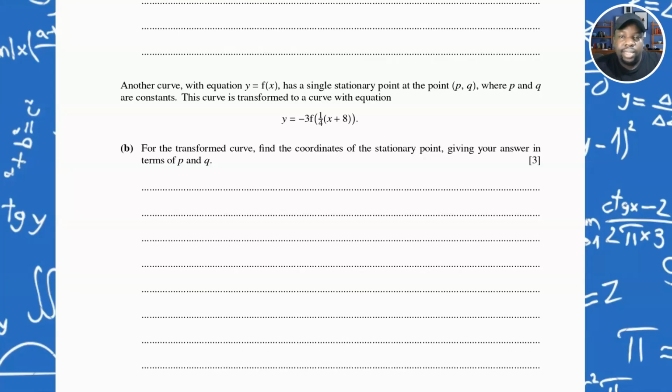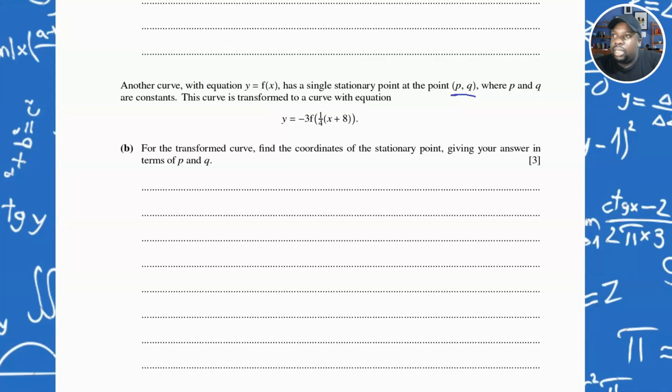So on part B, they say, for the transformed curve, find the coordinates of the stationary point, giving your answer in terms of P and Q. All right, so basically, we are transforming the point P, Q through this transformation.